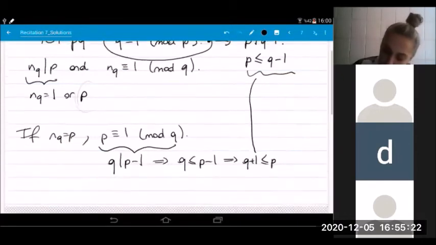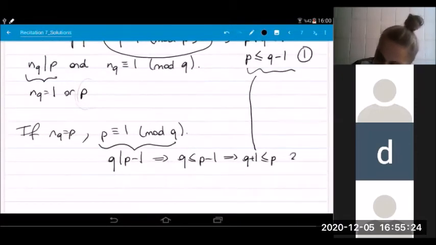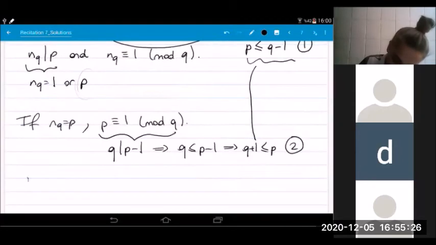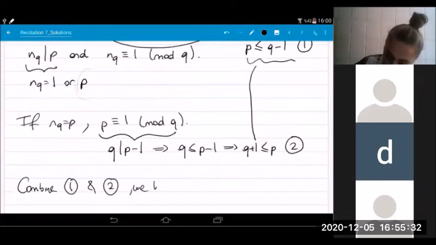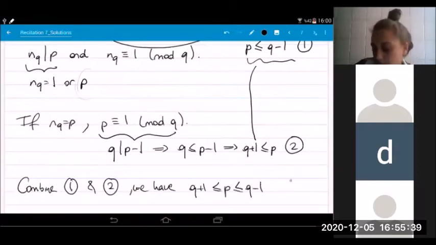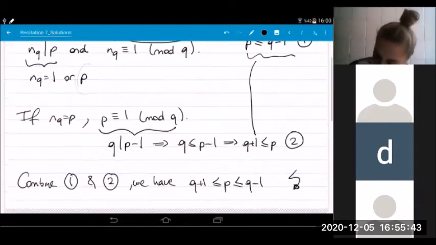Combining these two, we have Q plus 1 is less than or equal to P, which is less than or equal to Q minus 1, which cannot be the case.